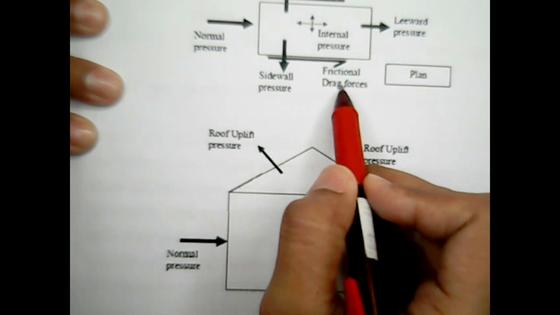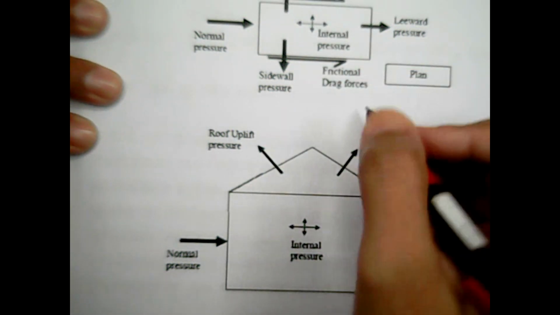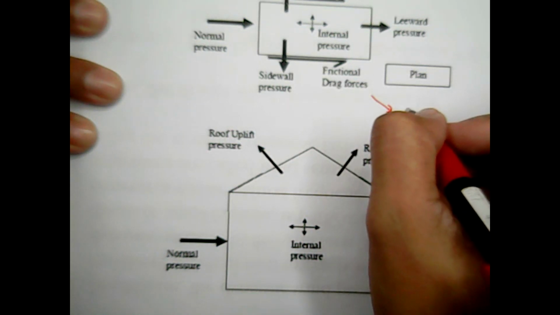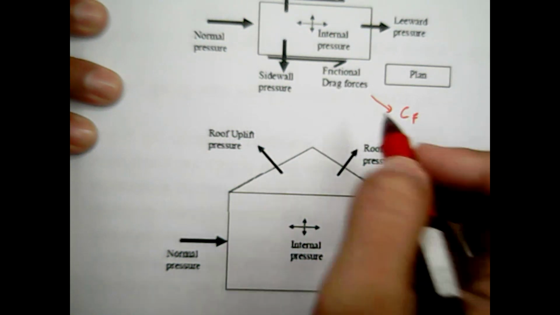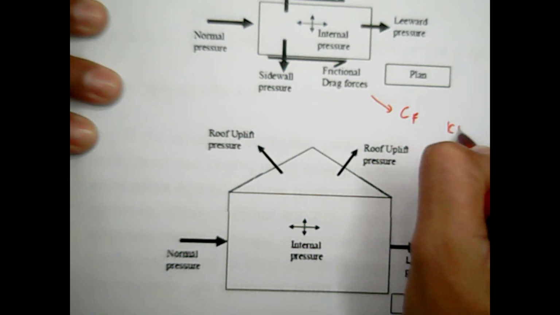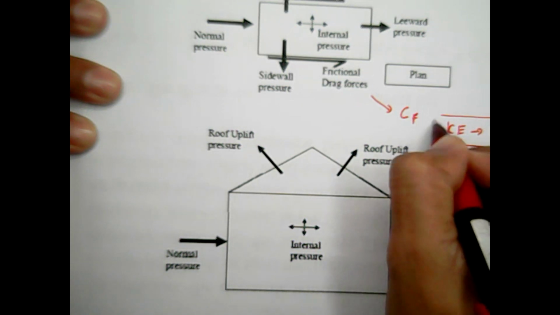The frictional drag forces are represented by a coefficient CF, and this also accounts for the degree of conversion from KE to PE.